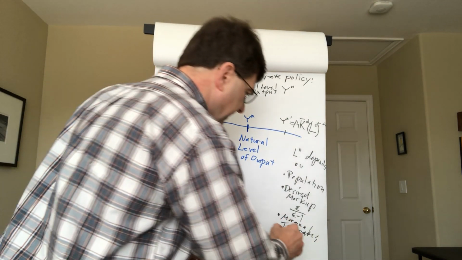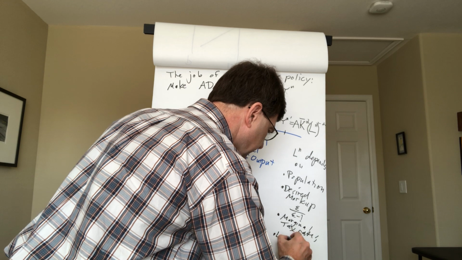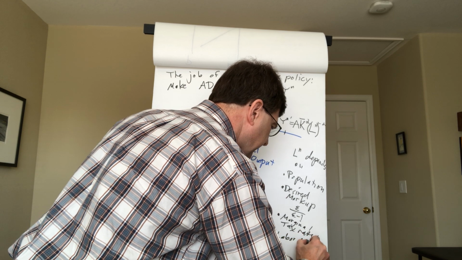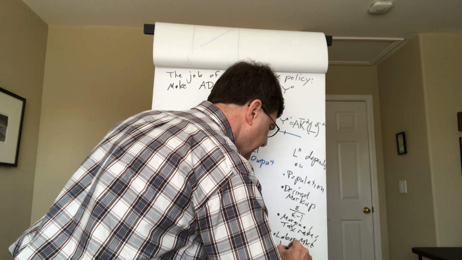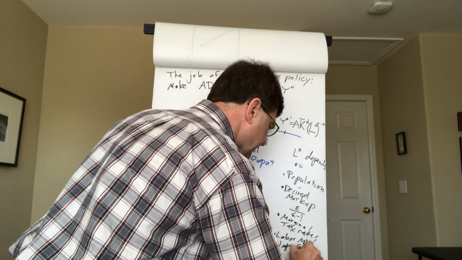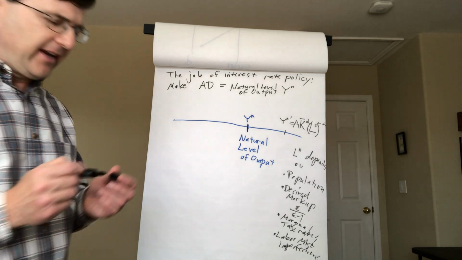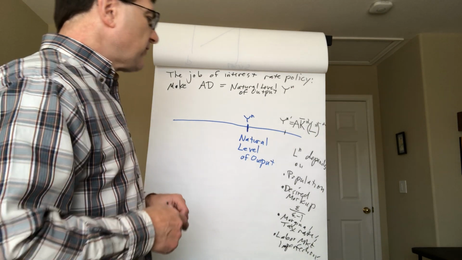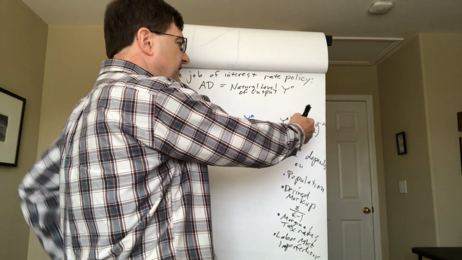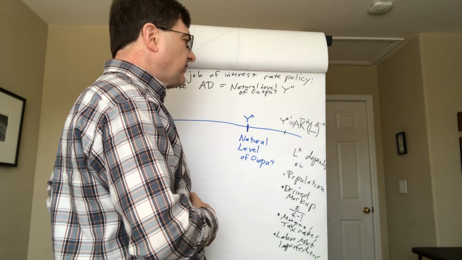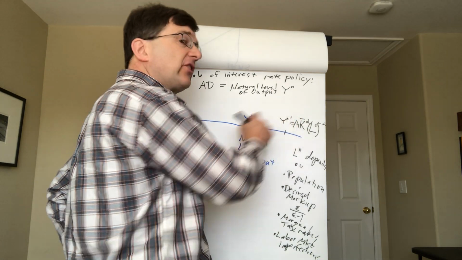And it depends on labor market imperfections, which of course are the least well understood, but I have talked about them quite a bit to the extent that I understand anything about them. So what could possibly change the natural level of output? Improvements in technology.